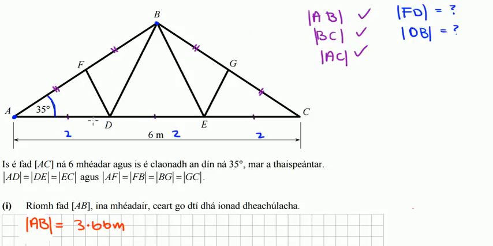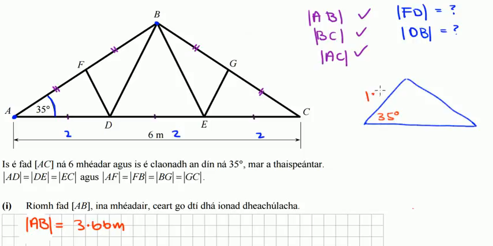The first one that stands out is a small triangle. Again, I'm just going to draw my sketch, filling in what I know. I have 35 degrees. I also know the measure of AF because we have the total length AB, which is 3.66. So AF is going to be 3.66 divided by 2.